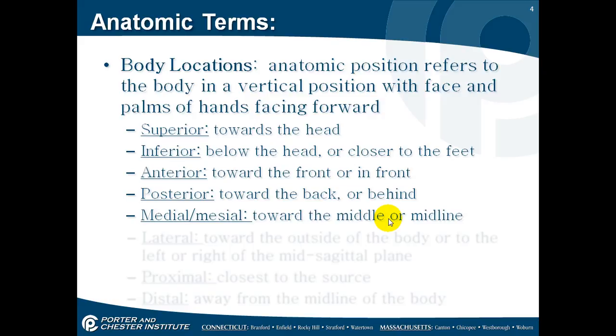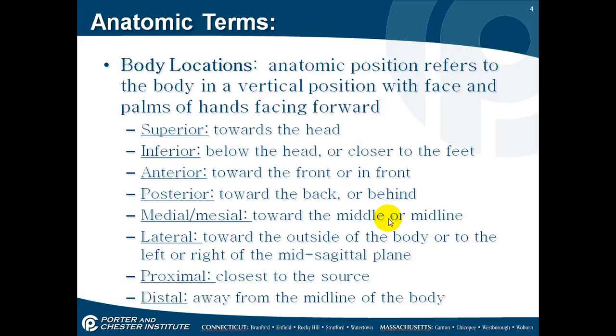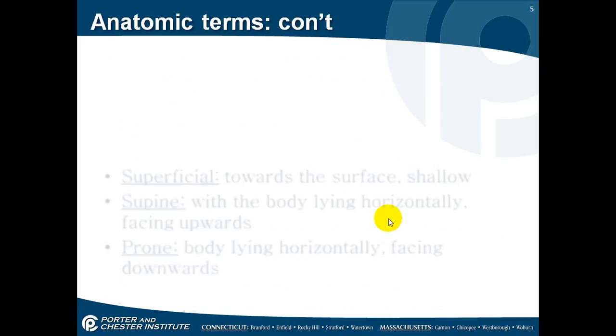Median or mesial refers to the middle of the body or the midline, while lateral refers to the outermost part of the body, to the right or the left of the mid-sagittal plane. Proximal means closest to the source, and distal means further away from the midline of the body.